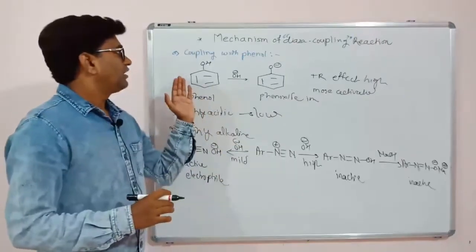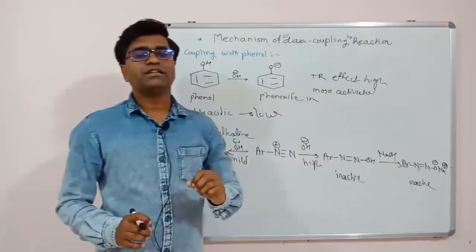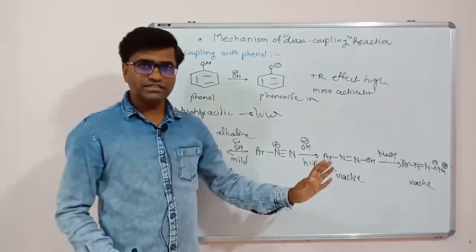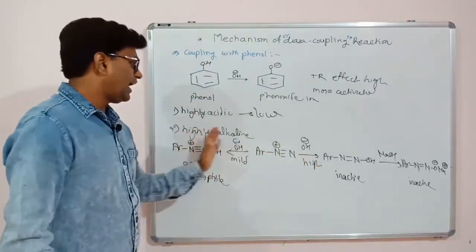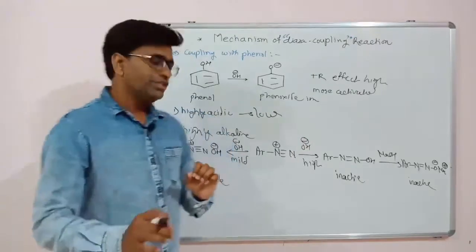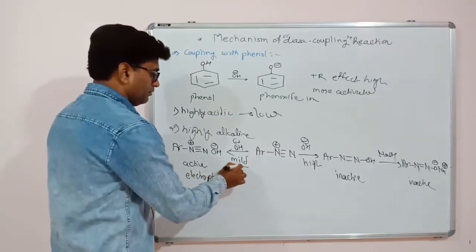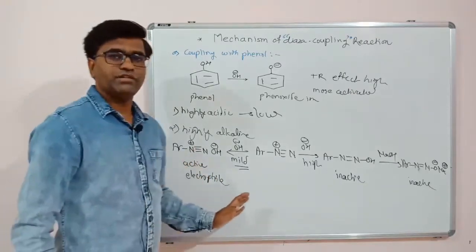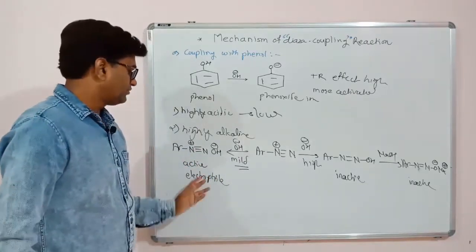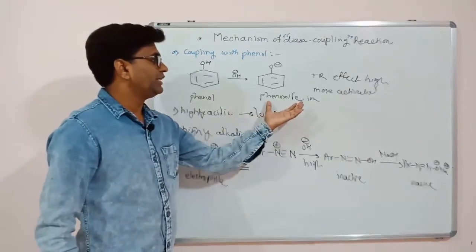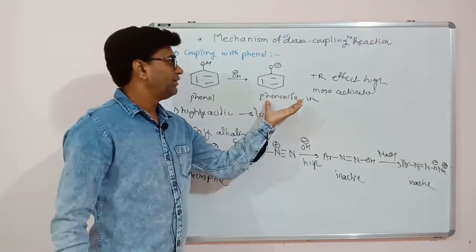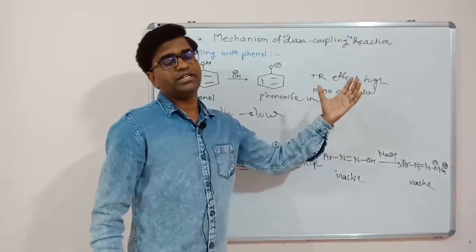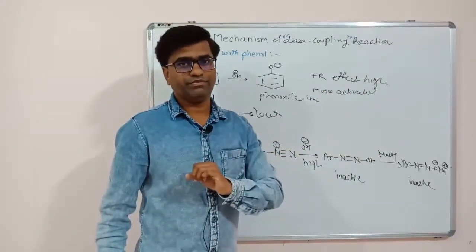So for coupling reactions of phenol, we should not use highly acidic conditions, and we should not use highly alkaline conditions. We should use mild alkaline conditions. Then only our electrophile will be active, as well as we will get the phenoxide ion in mild alkaline conditions, and that is also more active and the reaction rate will be higher.